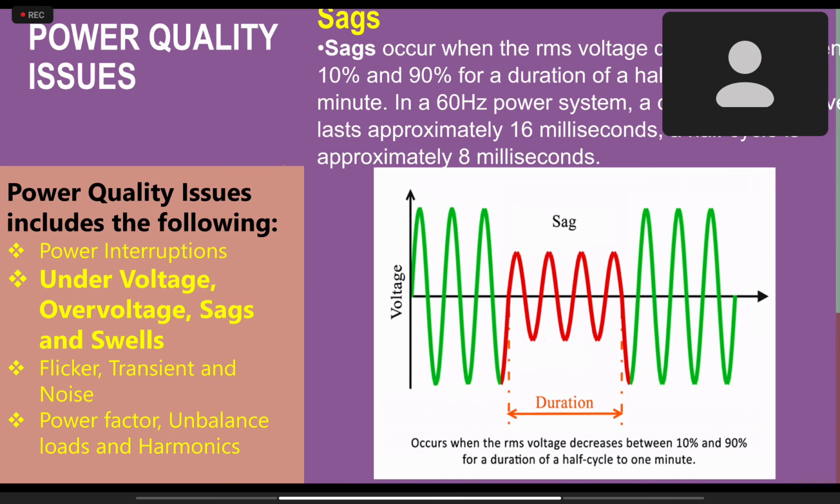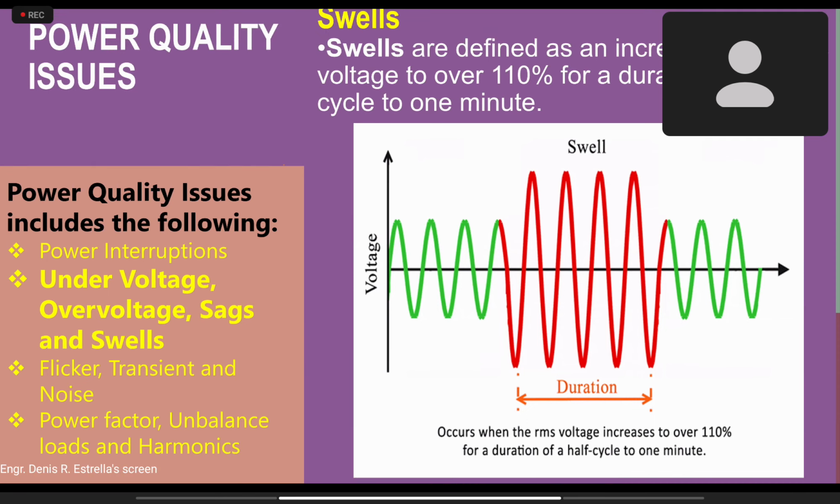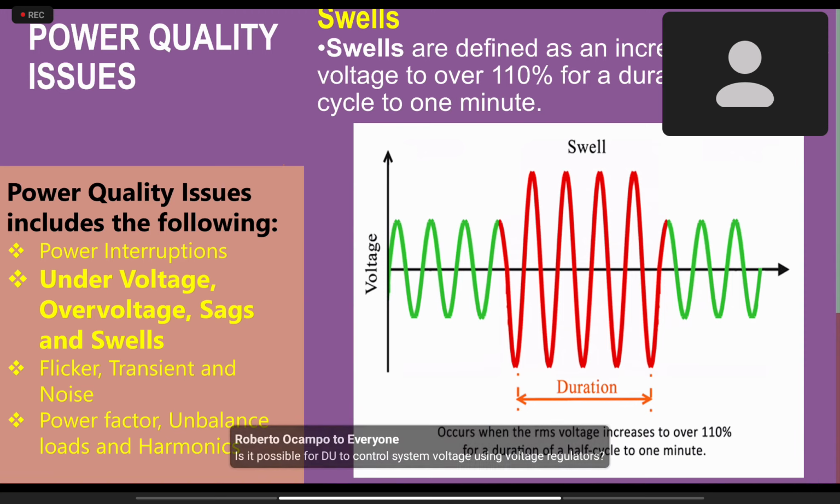Then the swells, on the other end, bigla namang umakyat ng voltage more than 110%. The same cycle, it happens with a time duration between half cycle to 1 minute. So if it's less than 1 minute, may variation ng voltage more than 110%, that is what we call the swell. Biglang lumaki.